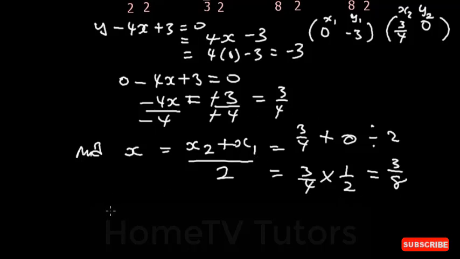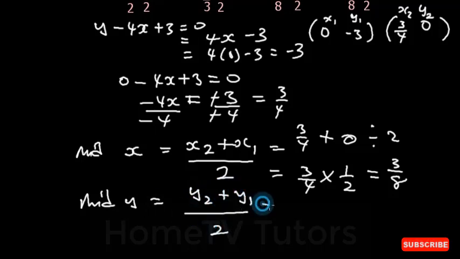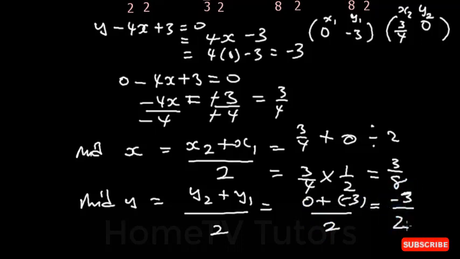Also at the midpoint of y we have y2 plus y1 to be divided by 2. y2 is 0 plus y1, which is minus 3, to be divided by 2, which is equal to minus 3 over 2.